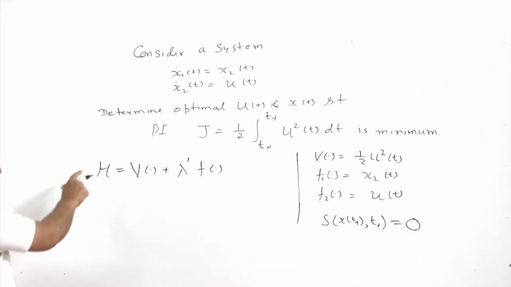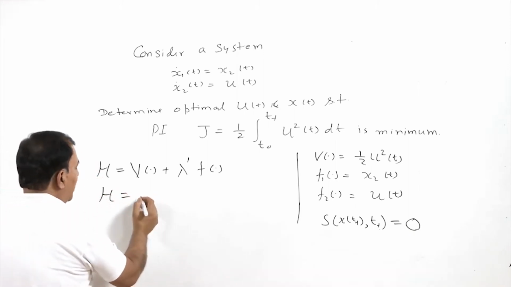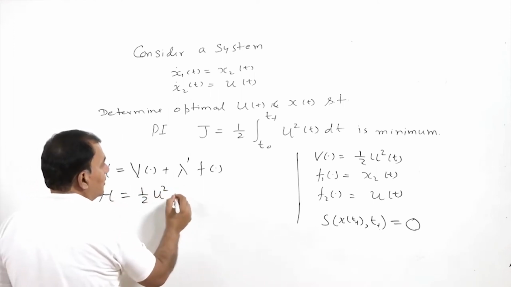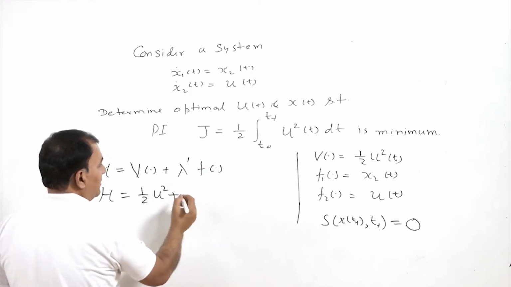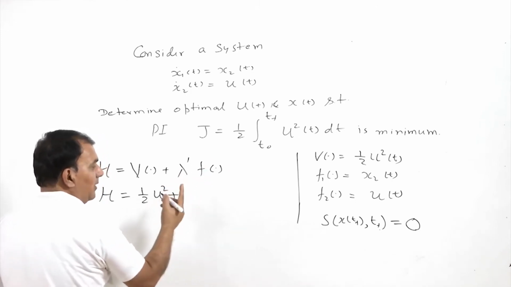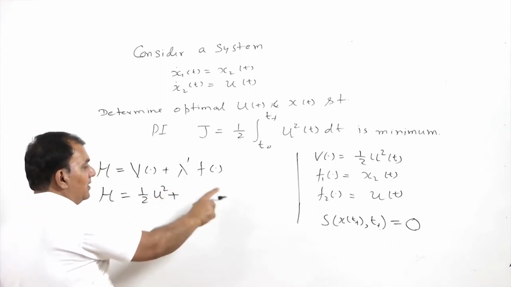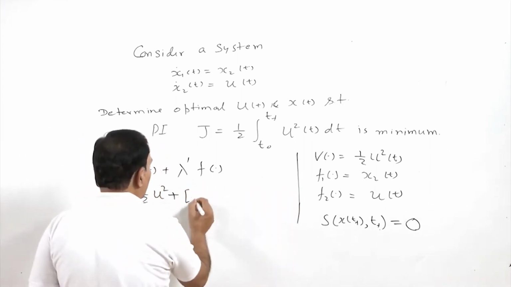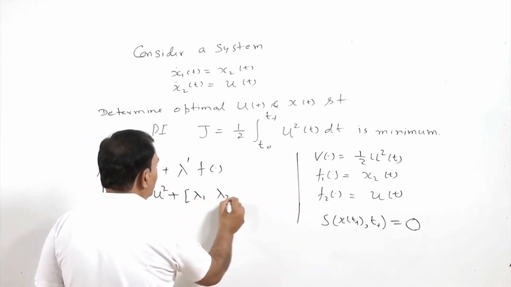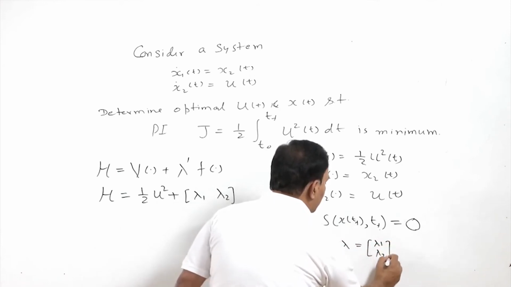Based on this value I can define my H, which is half u square, dropping the t, plus lambda prime. What is lambda prime? It is a Lagrangian multiplier. For each condition we will have one Lagrangian multiplier, so I define lambda as lambda 1, lambda 2.